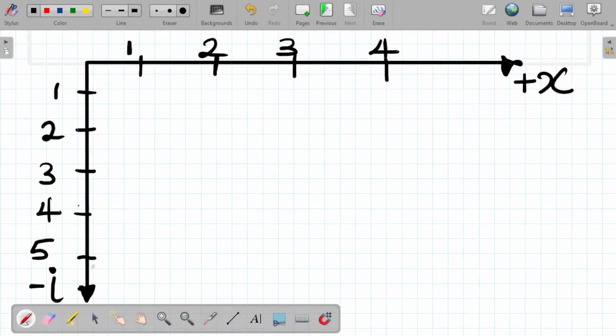So if we trace it, we will have -5, and then +4. So this is where it meets. So now let's draw the line.